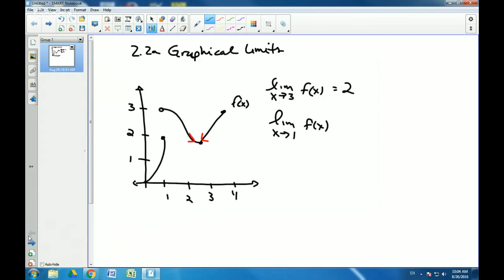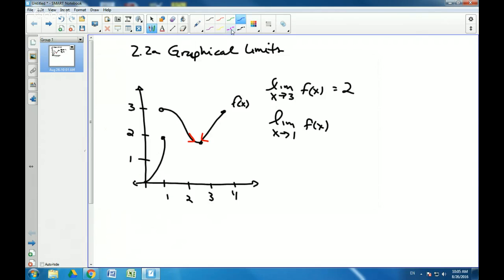Why is it 2? Because the final point. That's where the solid dot is, not the hollow one. We're actually wrong. Okay. This is the difference between location and where you're going with limits.